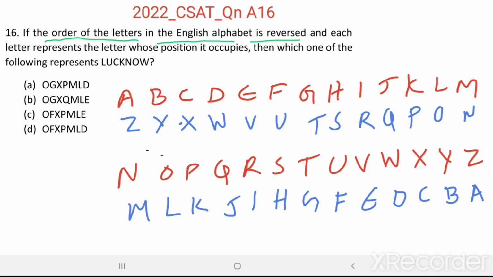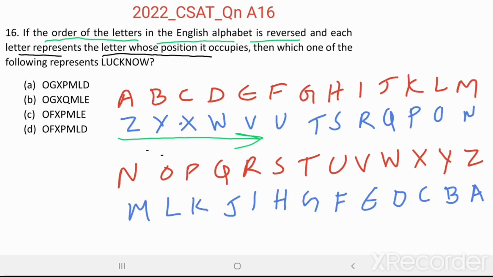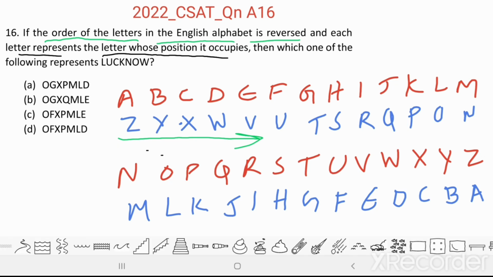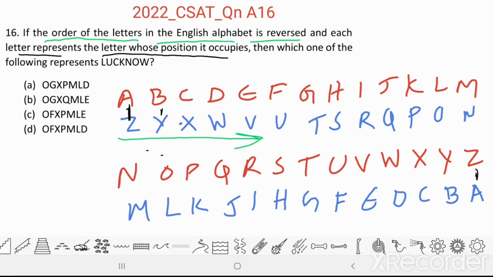So, you can see here, we reversed the order of the letters. Then, each letter represents the letter whose position it occupies. That means A is replaced by Z, B is replaced by Y, like that Z is replaced by A.